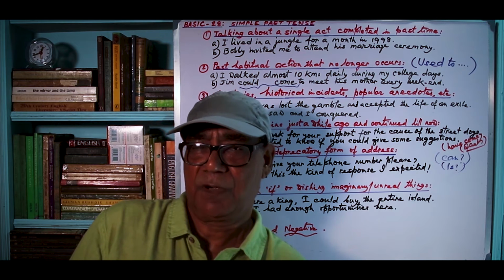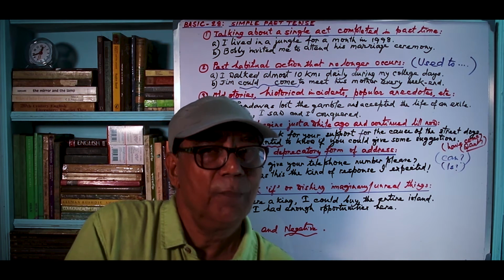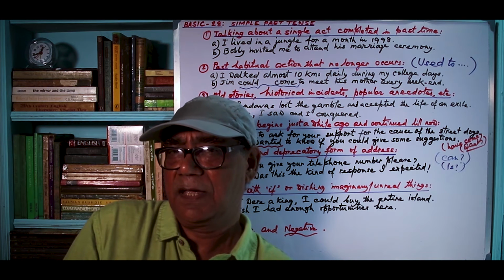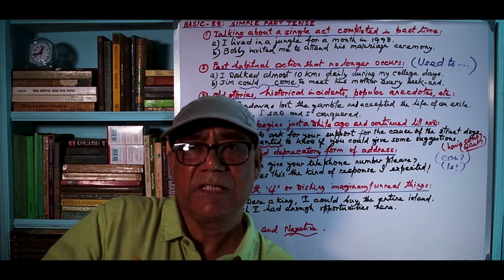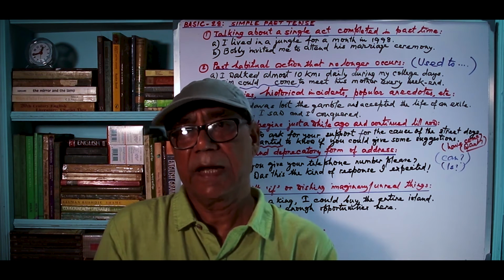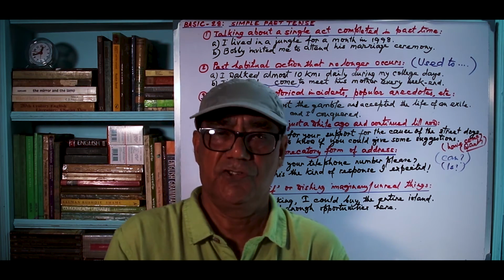Again, the same interpretation. Maybe it's a polite form of expression, or maybe they do not have that confidence. They may be hesitating, or maybe they are not very much sure that they would get the help. That's why the tense format is being changed here.